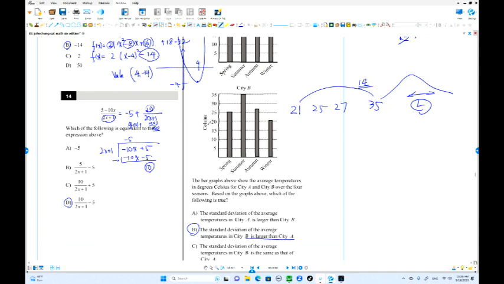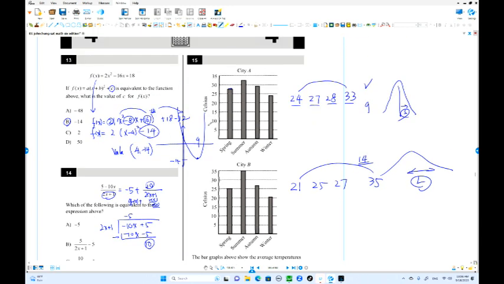Or you can use your calculator, okay? Or you can use any numbers around, okay? 27.5 in the middle over here, 26 is their mean. Find out their differences. The difference to the left is 0.5, to the right another 0.5. But this one is 1 and another 1.